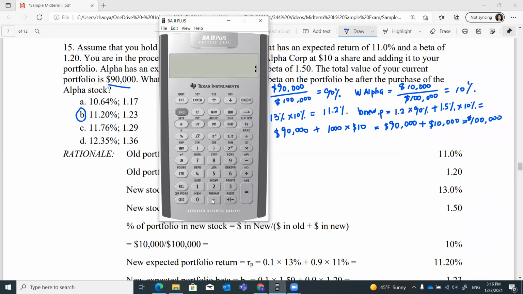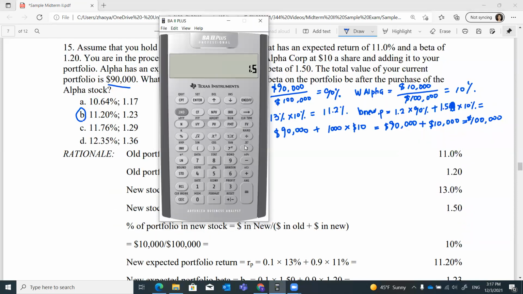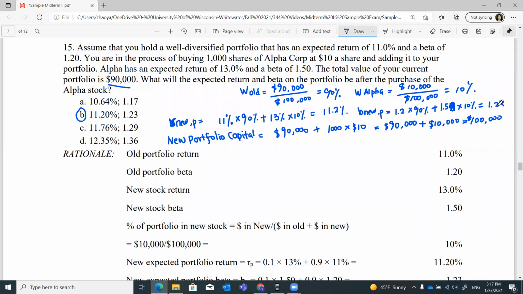So it equals 1.2 times 0.9 plus 1.5, this is no percentage, sorry, because this is beta here, times 0.1. So it's 1.23. That is how we found out the expected return and the beta for this new portfolio. That is question 15, and that's all our video today.